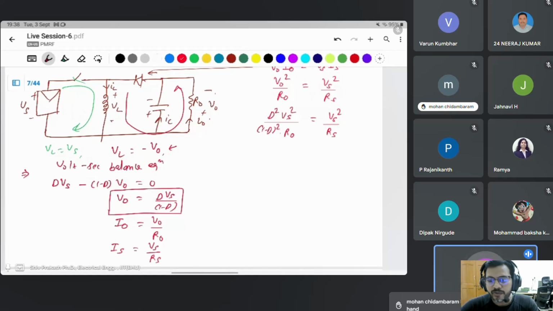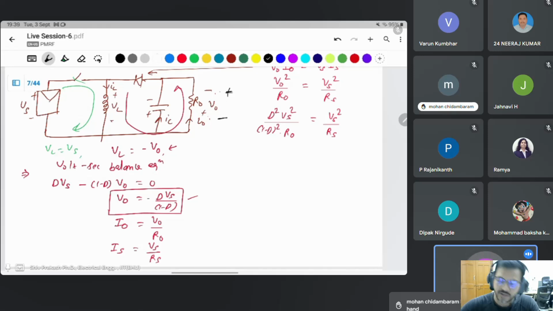Okay, negative shows if you take this one as the reference. I will take this one as positive and this one negative. That's why there is a positive in the output voltage equation. If you take the reference here as negative, same as a buck and boost converter, this is the positive, this is the negative reference. In that case, you will get the negative voltage.